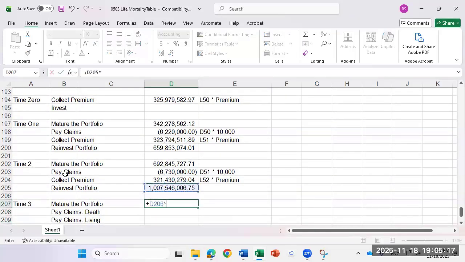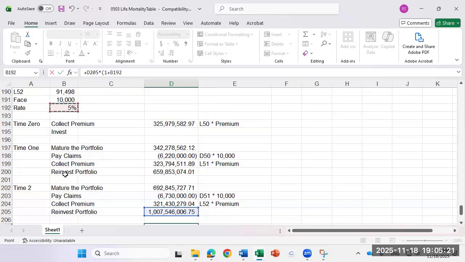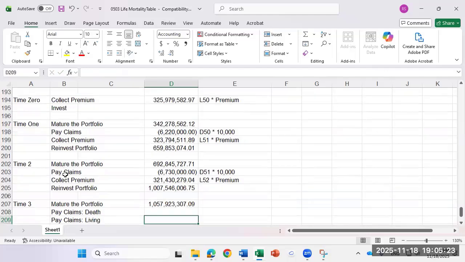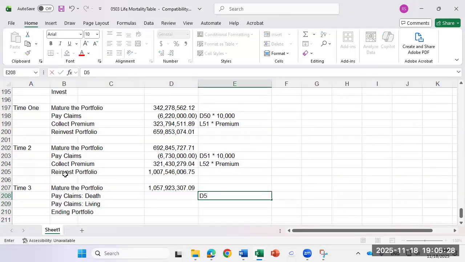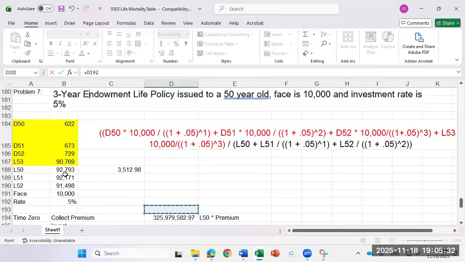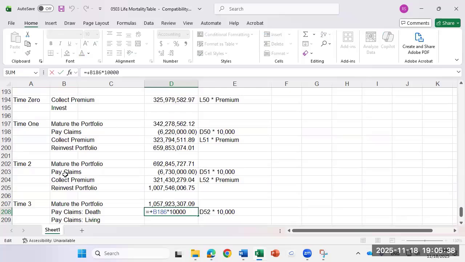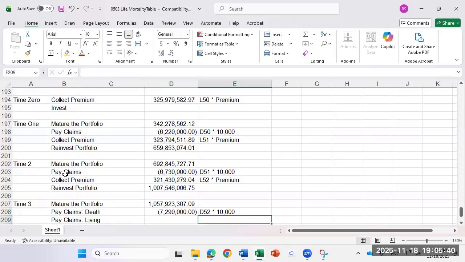And we're going to make 5% on that. Hopefully we have a round number. Drum roll. Nope, not a round number. So I did something wrong. I don't know what I did wrong this time. So we have our D52 times 10,000, and we have to pay our L53 times 10,000.